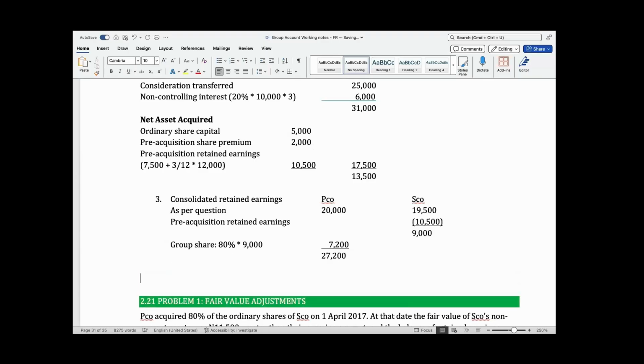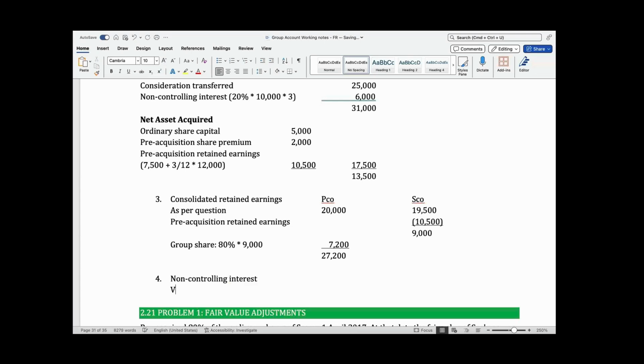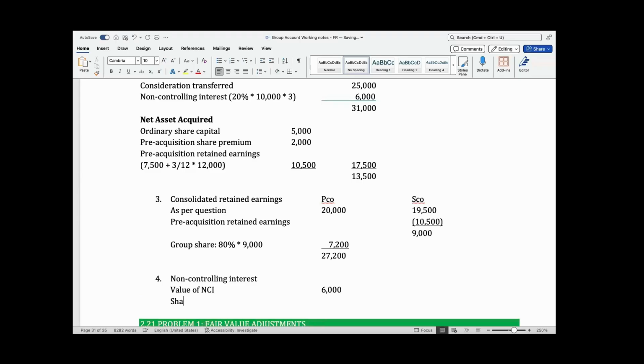Okay. So what's the value of NCI? We got 6,000 up there.